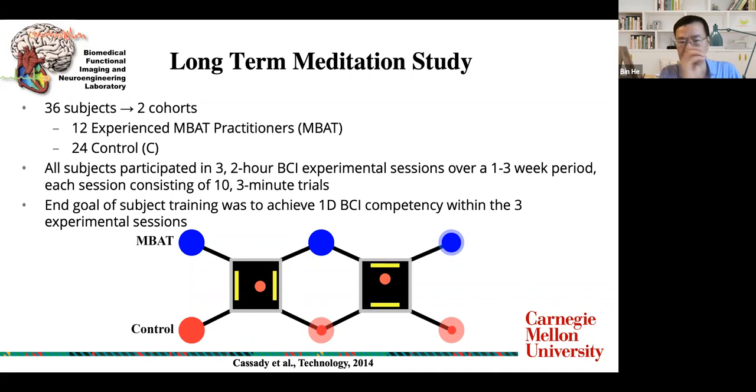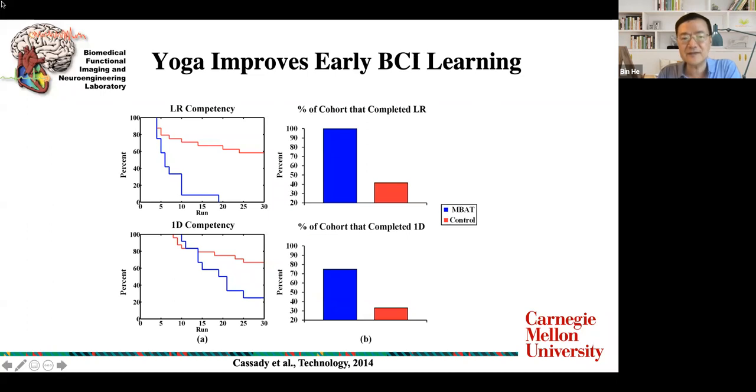They control the cursor to the left or right, and then up or down, identically. Then we want to see how many subjects survive. Only subjects who can accomplish 80% or better performance are allowed to advance to the next phase. Here you can see that in the first experiment, the left and right cursor control, 100% of meditation subjects were able to pass, and only slightly above 40% of the control subjects were able to.